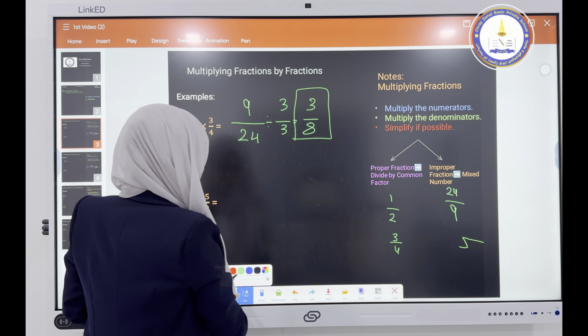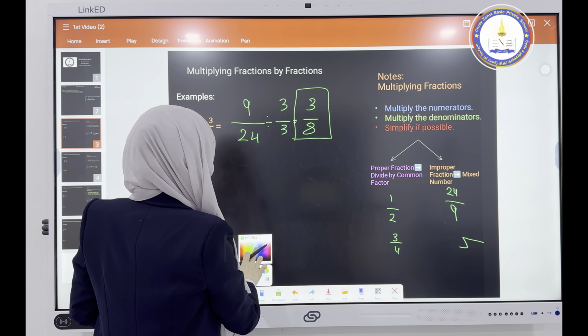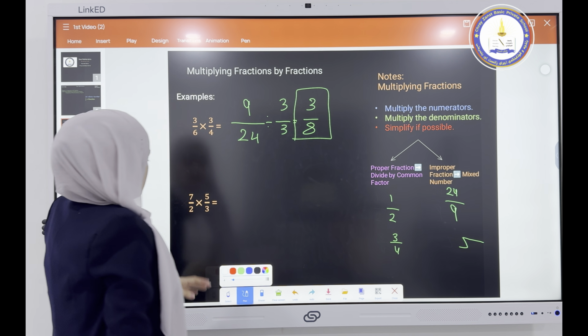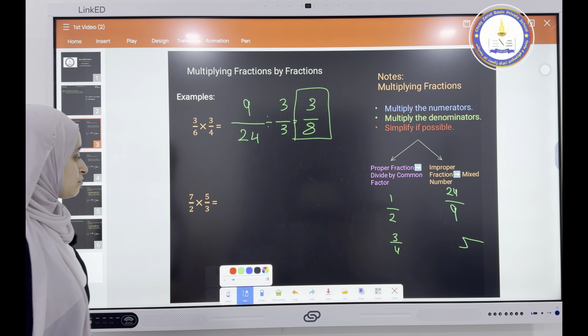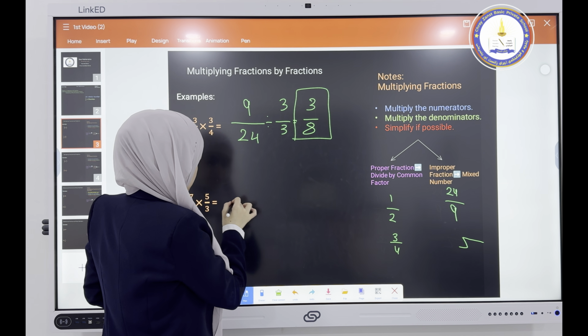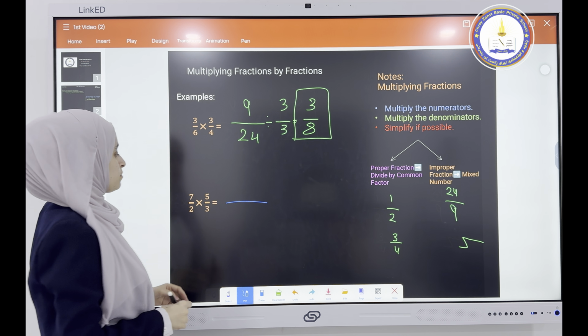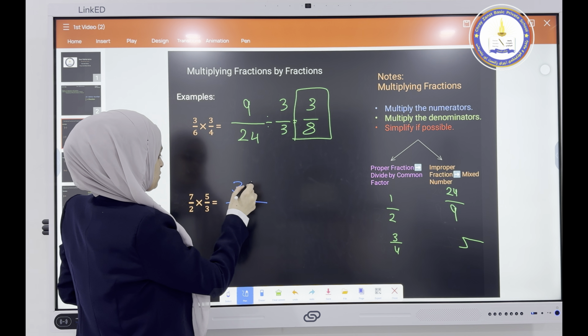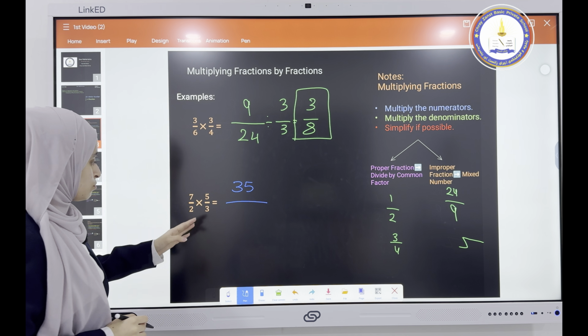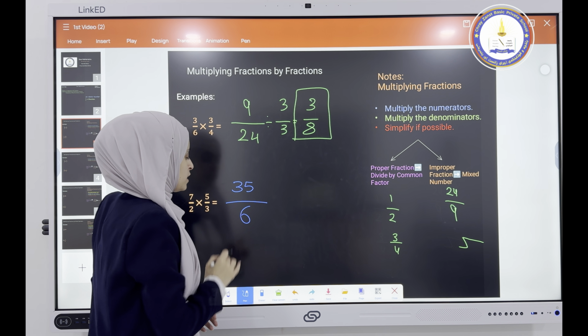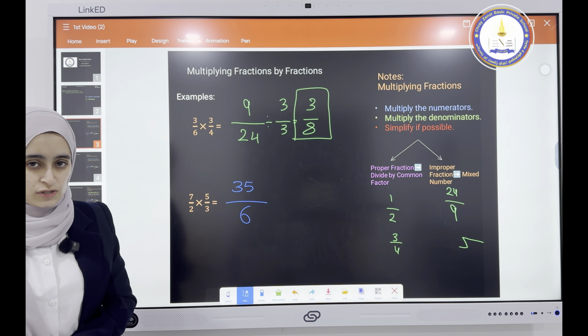Now let's go to the other one. 7 over 2 times 5 over 3. Multiply numerators. 7 times 5 is equal to 35. 2 times 3 is equal to 6. So this is our answer.